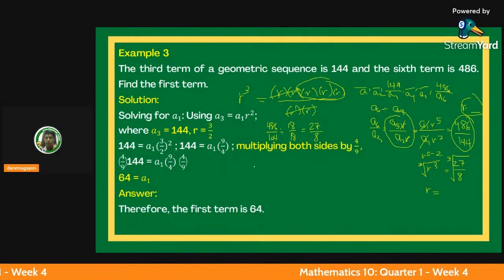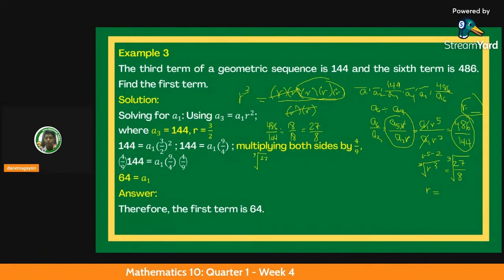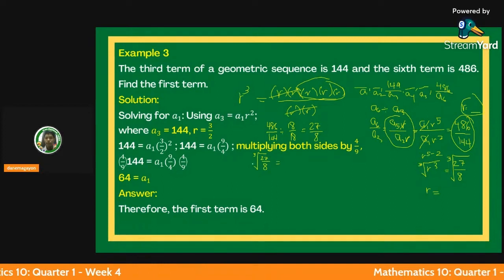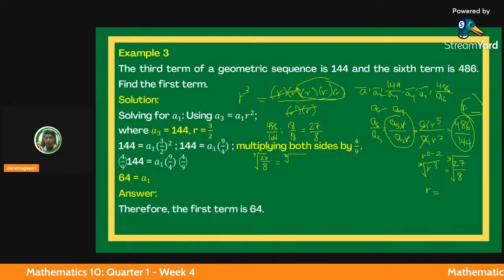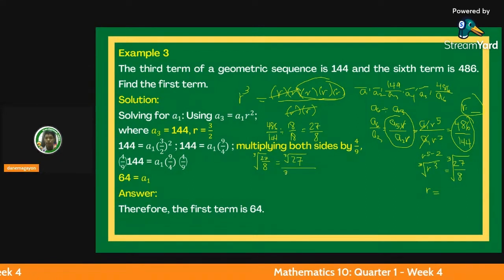Diba? When you say the third root of 27 over 8, ang pinakamagandang solution dyan para hindi tayo mahirapan, remember, pag meron tayong third root tapos naka-express yung given into fraction, you can also get the third root of 27 divided by the third root of 8.